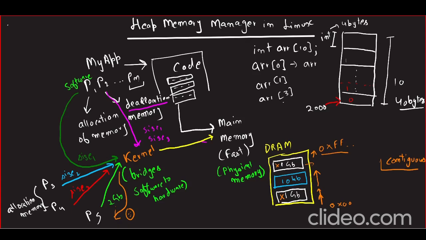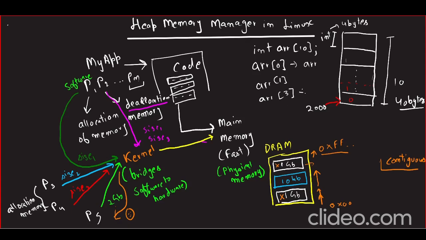If all the memory blocks had been allocated at different places, we would not be able to find array 3 at all. Then we would have to use a linked list, but we are not using a linked list here. So that's why we actually need it in a contiguous manner.